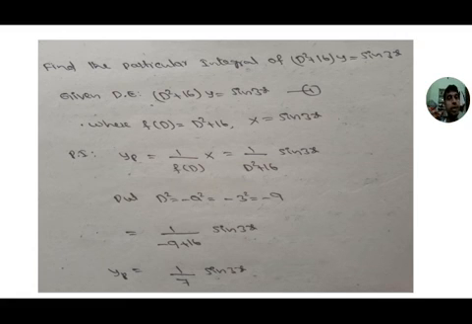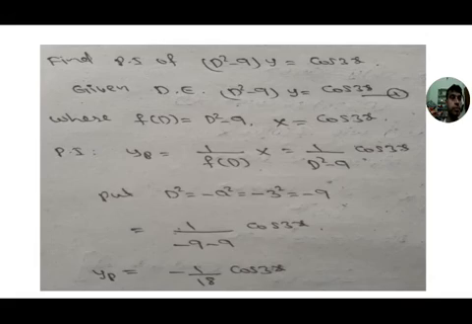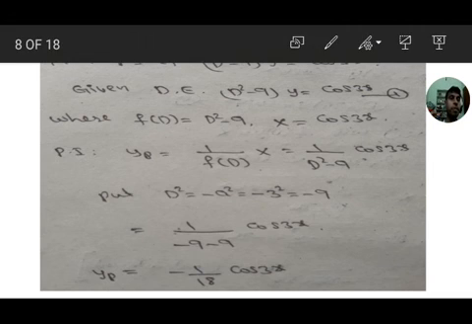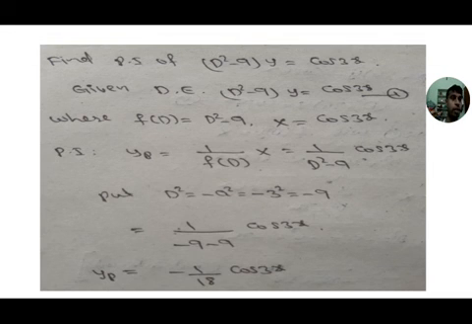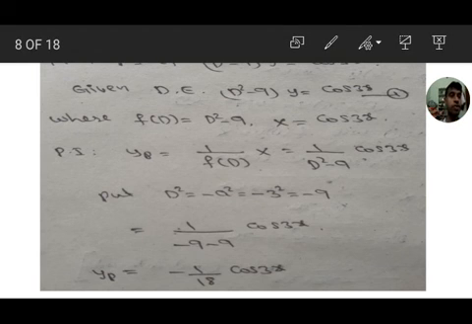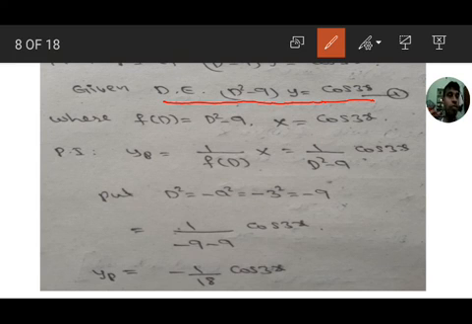Let us move to the next problem. Find the particular integral of D square minus 9 of y equal to cos 3x. So given differential equation D square minus 9 of y equal to cos 3x, where f of D equal to D square minus 9.